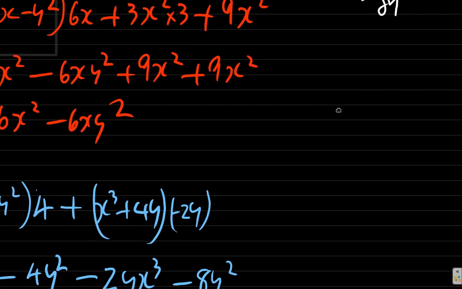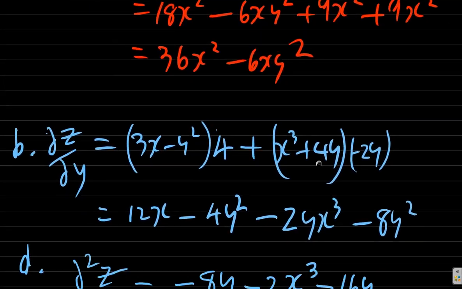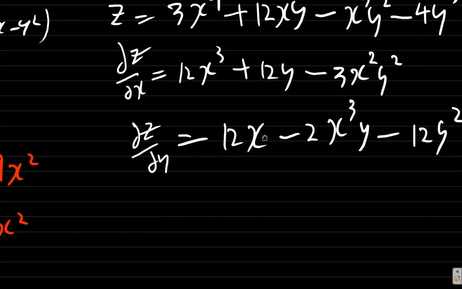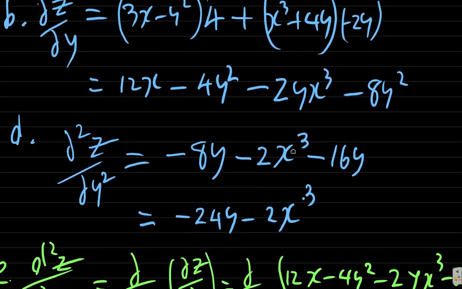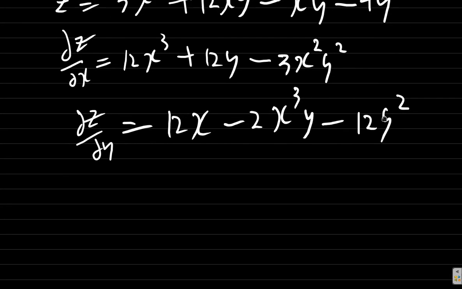So we had it down here, del z by del y. So 12x minus 2x cubed y, we have the 12x minus 2x cubed y. And then this part, negative 4y squared minus 8y squared will give you negative 12y squared, just like what you see here. Alright?